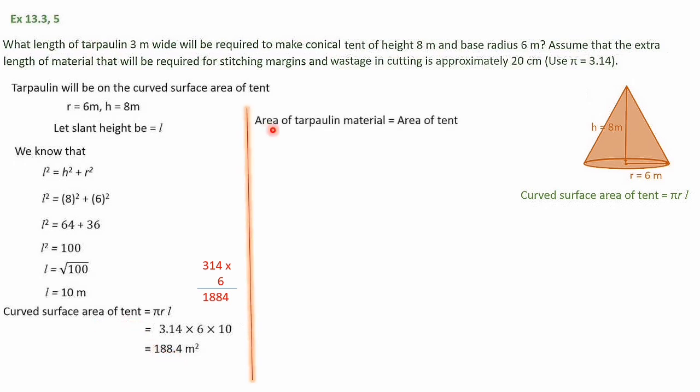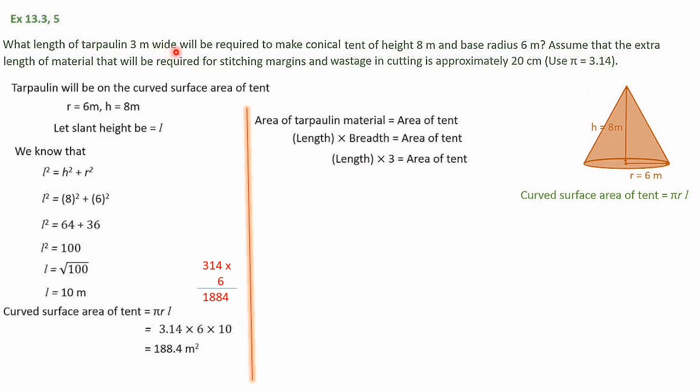Now the area of tarpaulin material, that is the area of the tent. So how much area is required, that much area of tarpaulin only we need to make the tent. So tarpaulin is in the shape of a rectangle. As I mentioned before, it has length and width. So length into breadth is equal to the area of the tent. Here length we don't know.